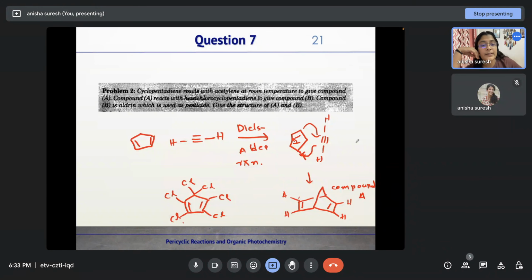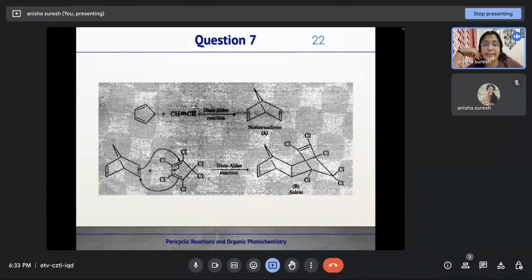So now this diene will react with this dienophile and we will get this product. So this is the diene and this is the dienophile. It will undergo Diels-Alder reaction and we will get this product.